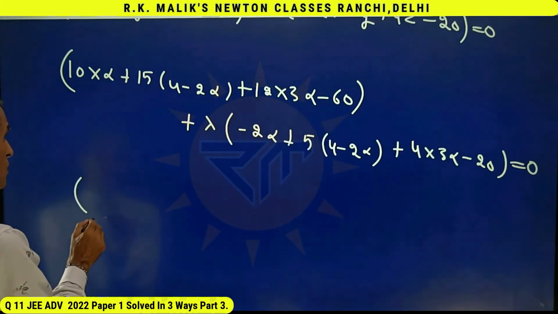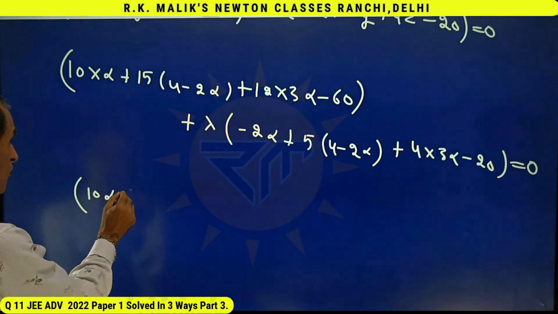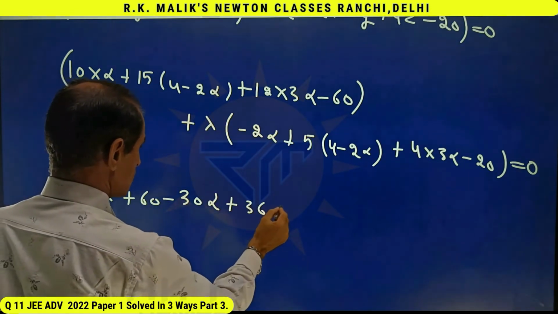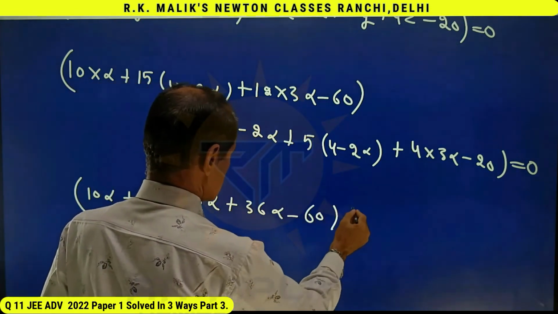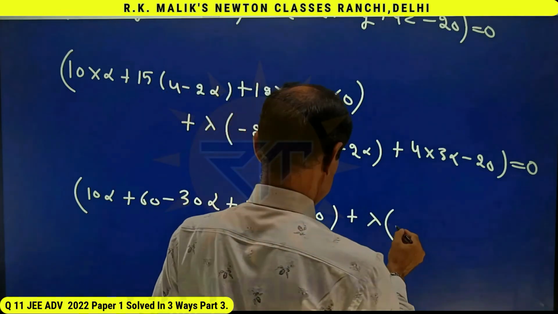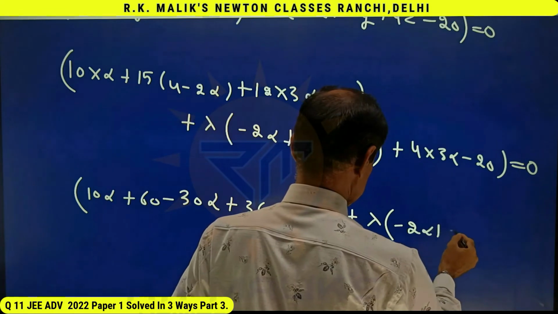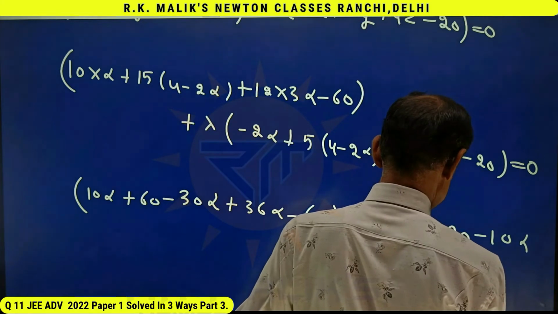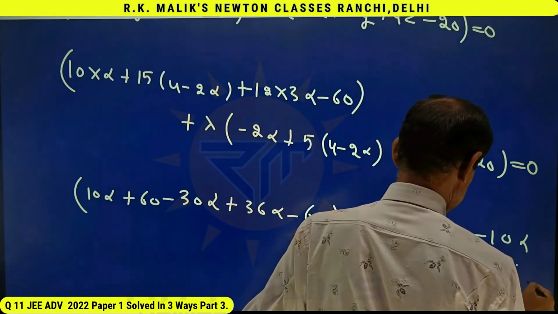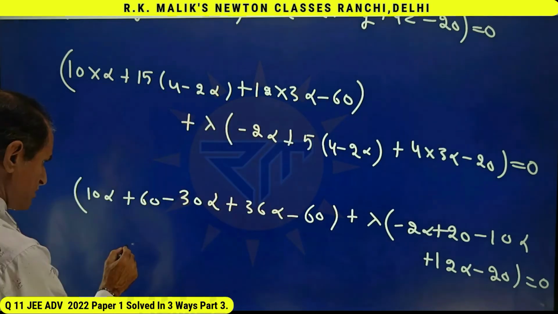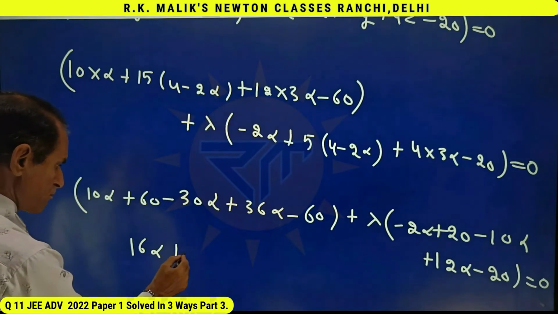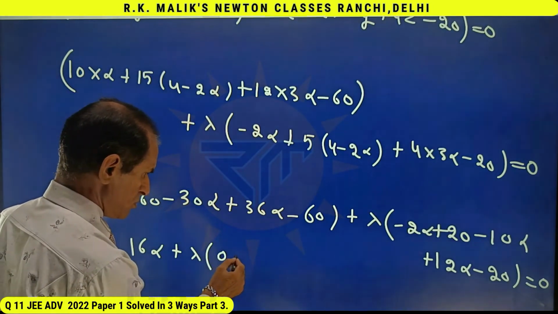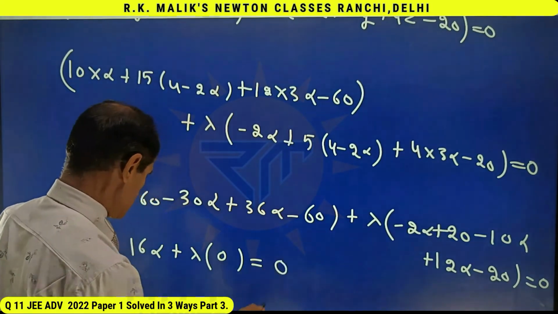That is, I will get 10 alpha plus 60 minus 30 alpha plus 36 alpha minus 60 plus lambda into minus 2 alpha plus 20 minus 10 alpha plus 12 alpha minus 20 equal to 0. That is, I get 16 alpha plus lambda into 0 equal to 0.